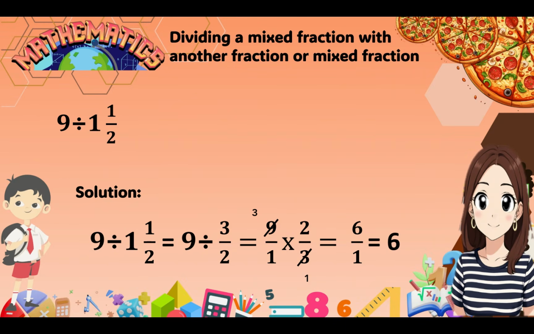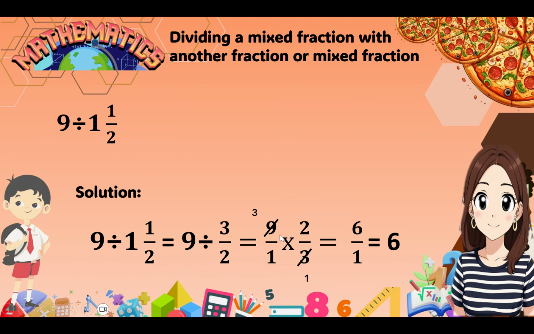A whole number is divided by a mixed fraction. Now copy the dividend and then change the mixed fraction to an improper fraction. So 2 times 1 equals 2, plus 1 equals 3. Copy the denominator 2. This time, write 1 as the denominator of the whole number 9.